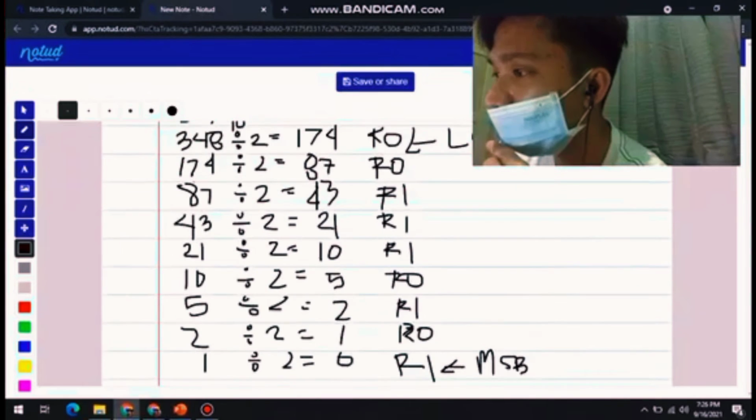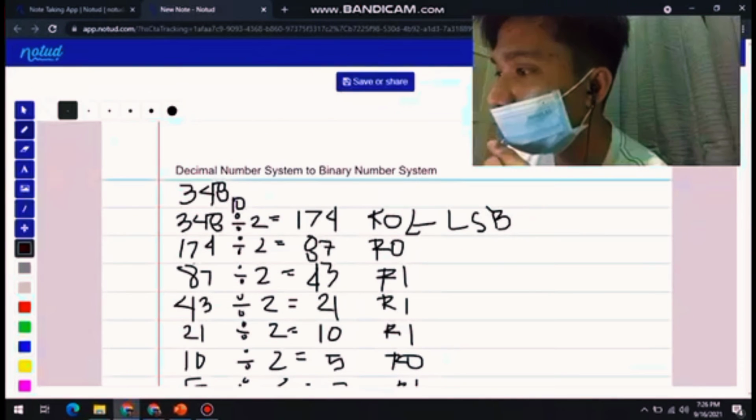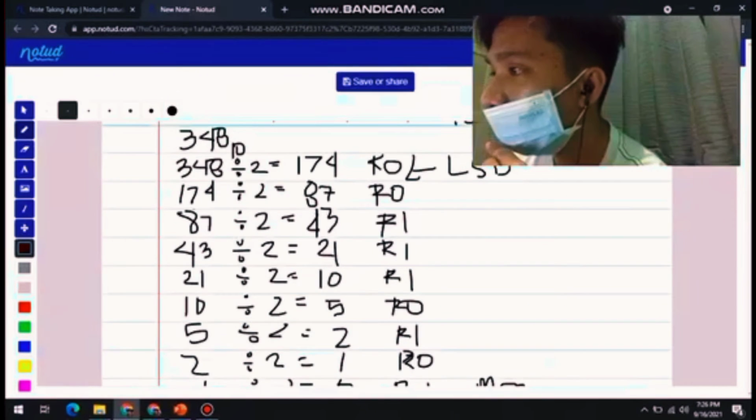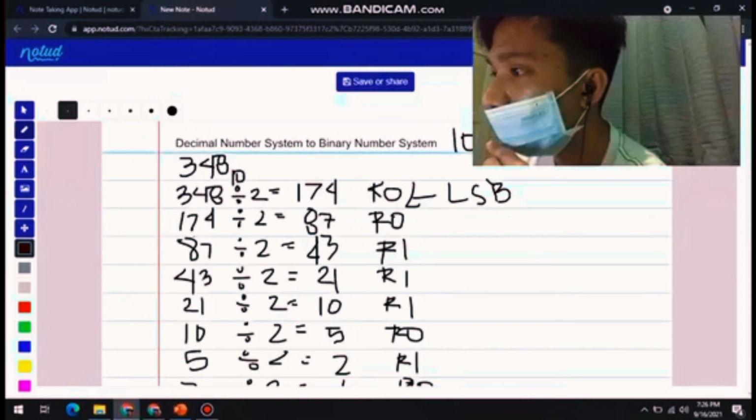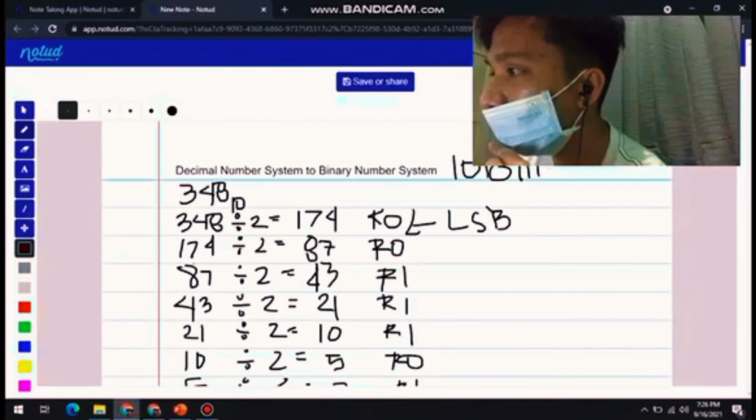So let's read this from bottom to top. So 101011100.